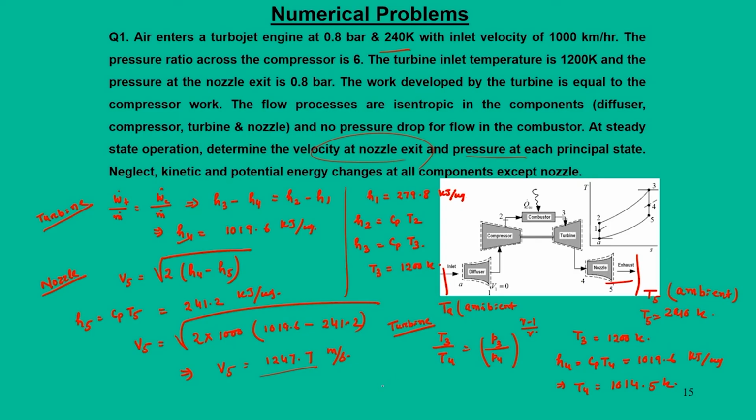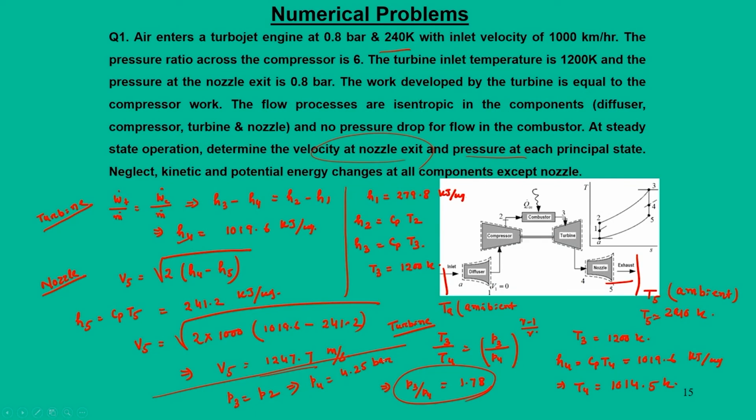From this we can find P3 by P4 is equal to 1.78, and P3 is nothing but P2, which implies P4 becomes 4.25 bar.